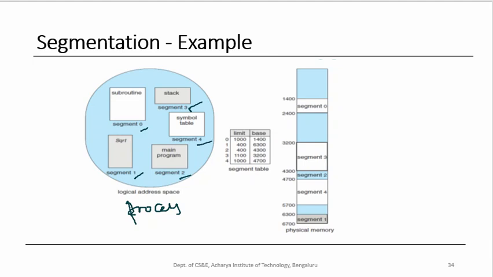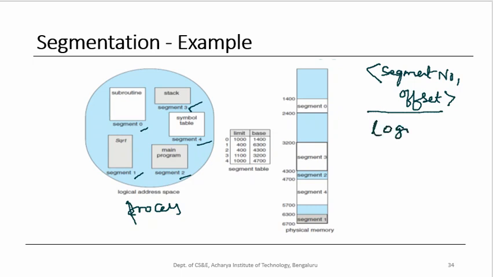Now if we have to access a particular byte in a segment, what the user has to specify, or what the CPU has to generate, is the segment number and the offset. You can call this the logical address generated by the CPU. Now look at the main memory or the physical memory.